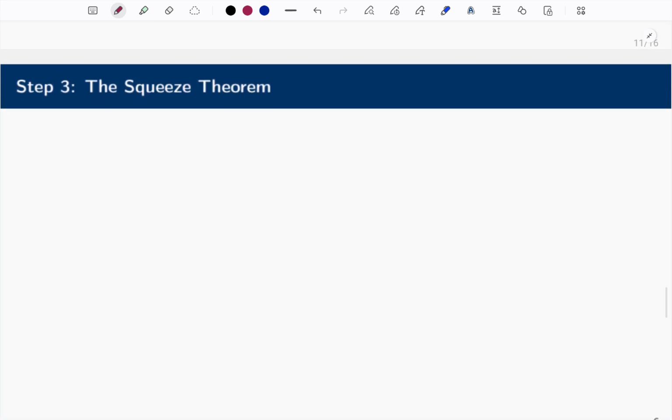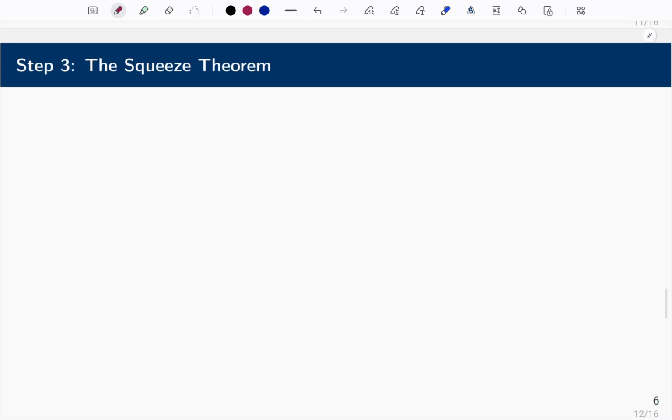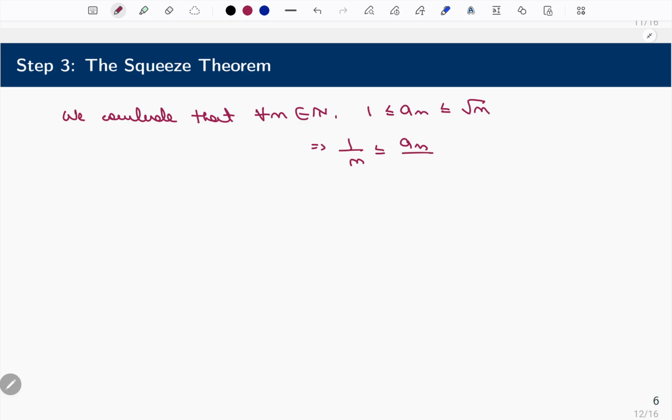Now we apply the squeeze theorem. So we conclude that for all n in the naturals, a_n is less than or equal to root n and greater than or equal to 1, which implies 1 over n is less than or equal to a_n over n is less than or equal to root n by n, which is nothing but 1 over root n.